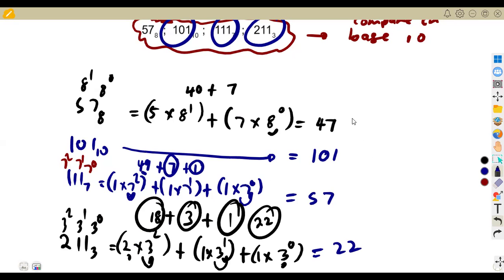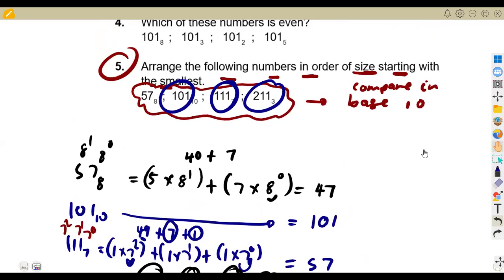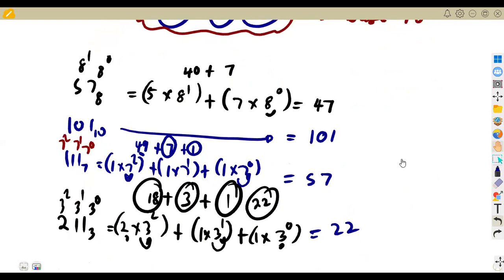So we can compare these numbers because they are in base 10. They are asking us to arrange the following numbers in order of size, starting with the smallest. What is the smallest number here?